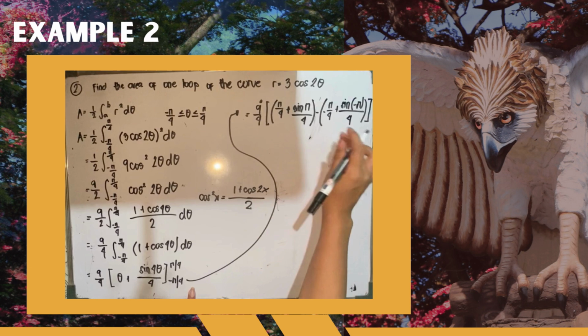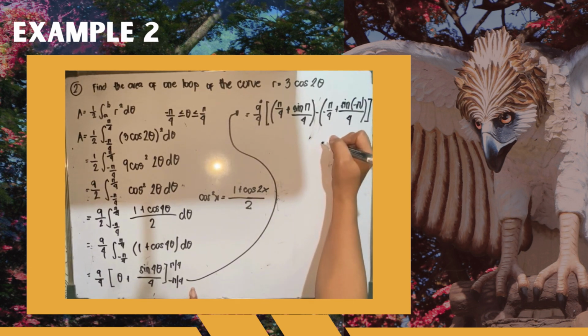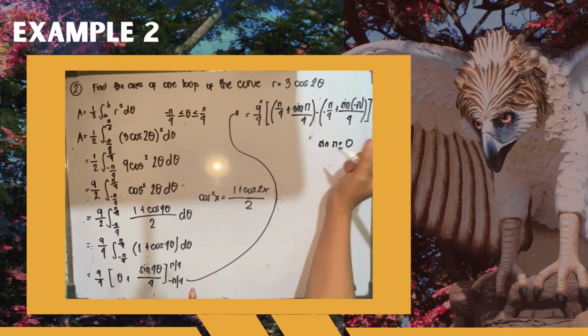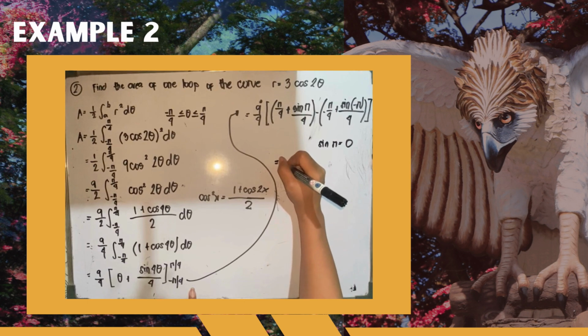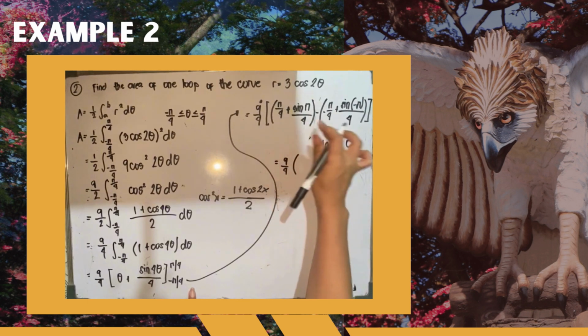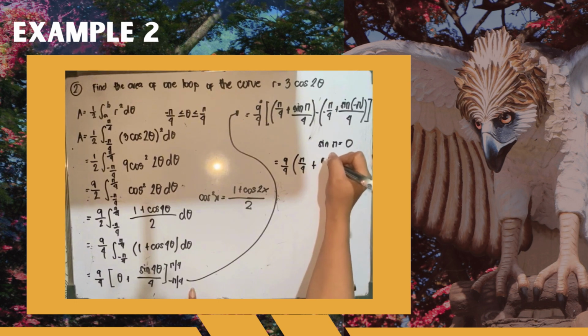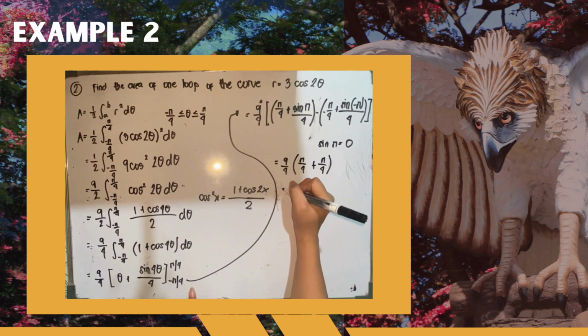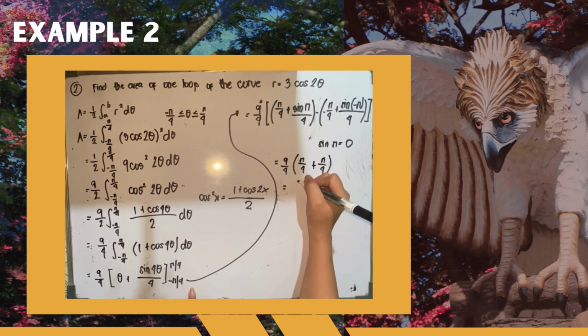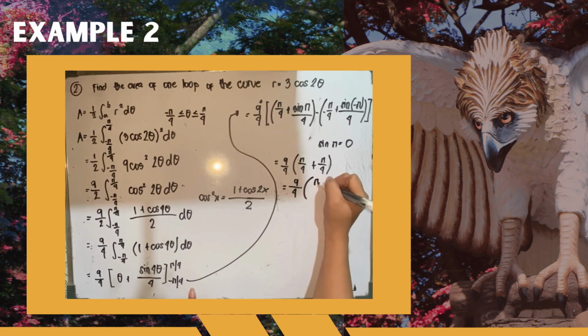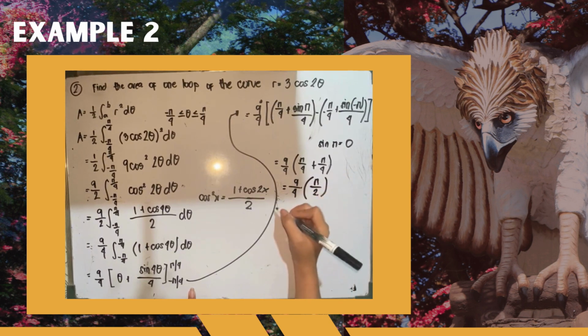So we have to simplify, because you all know sine pi is equal to 0. Now let's simplify. It will become 9 over 4 times pi over 4 plus pi over 4. So we have 9 over 4 times pi over 2.